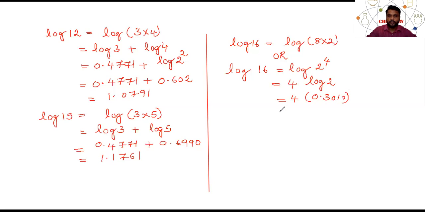So therefore, log 16 is equal to 1.204. So we can recall the powers of 2: 2 to the power 1, 2 to the power 2, 2 to the power 3, 2 to the power 4, 2 to the power 5, and so on. That is 2, then 4, then 8, then 16, then 32, and goes on. Right?